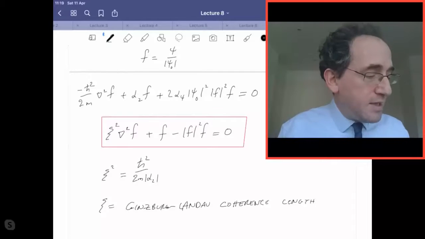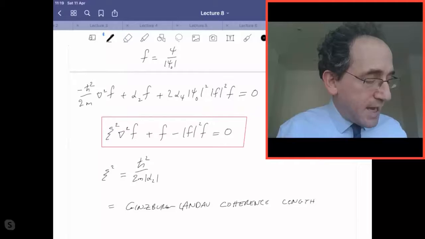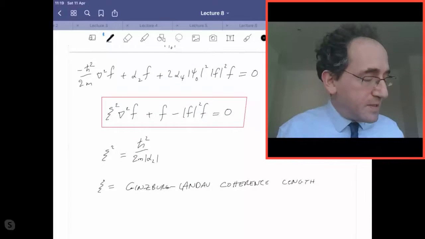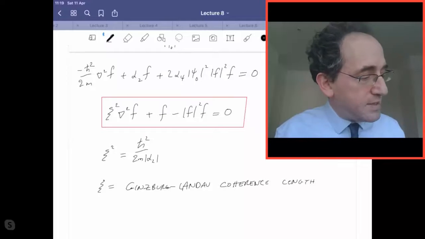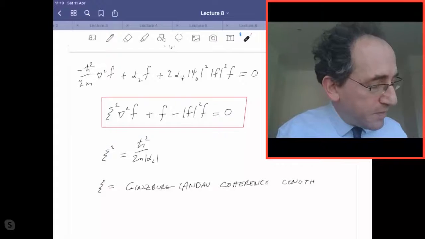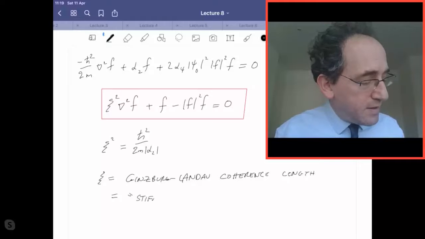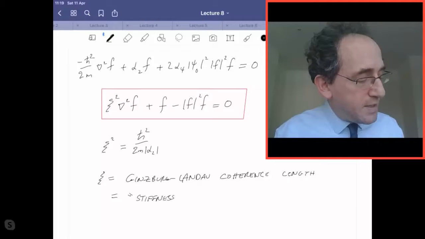That's the natural length scale over which psi changes. Okay, and I'm obviously terrible at drawing these xi symbols, but everything that looks like a squiggly is the same symbol. So I'll write that. This is the stiffness length, stiffness length for twisting.